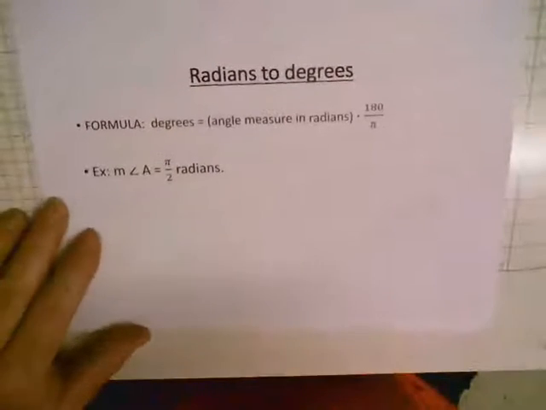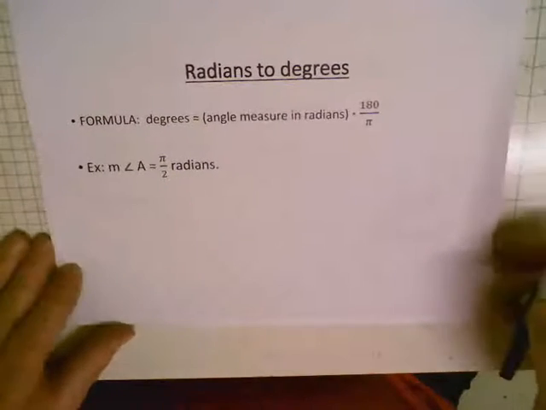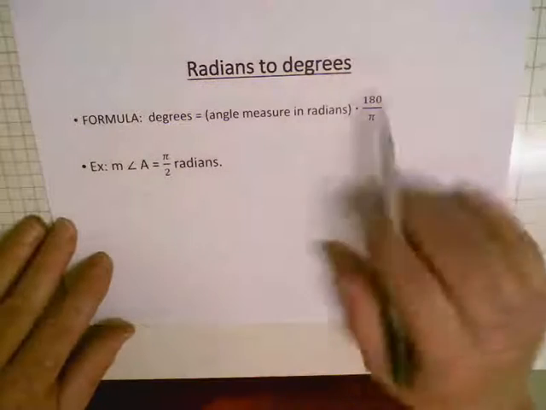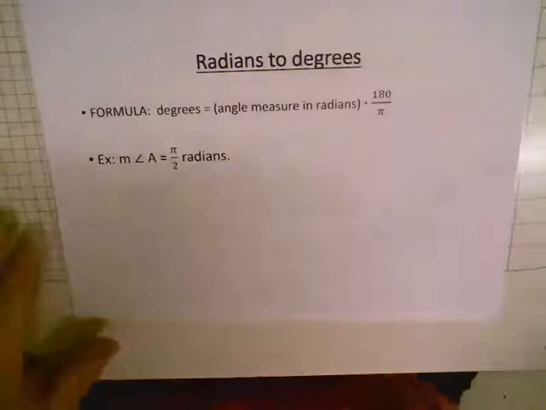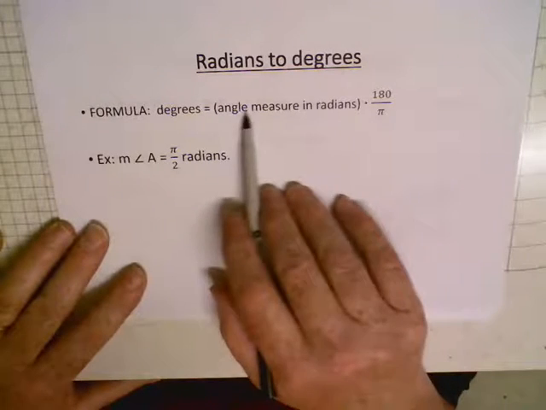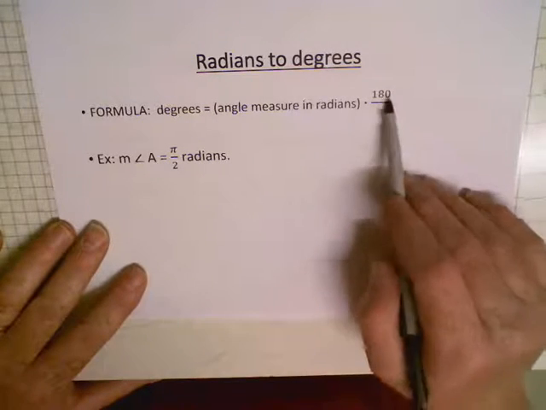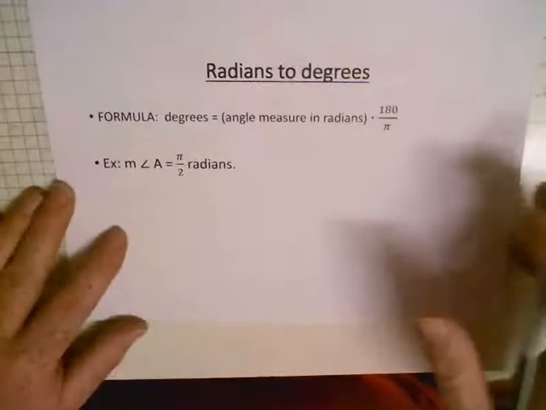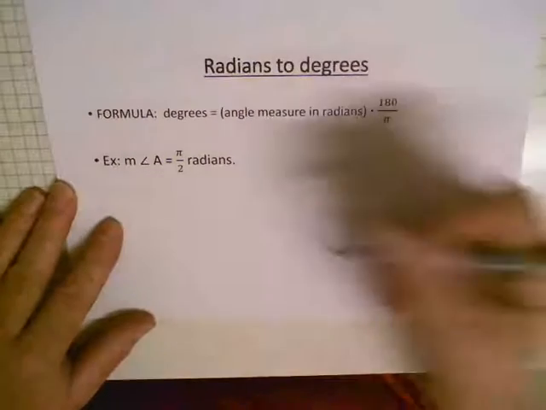Another thing, if you're trying to change from radians into degrees, then all we do is we take the angle measure in radians times 180 divided by pi. And this time we're going to want a number, so we'll probably just change it.